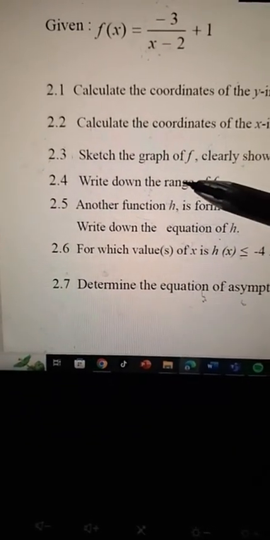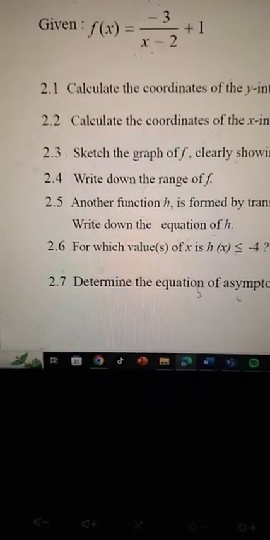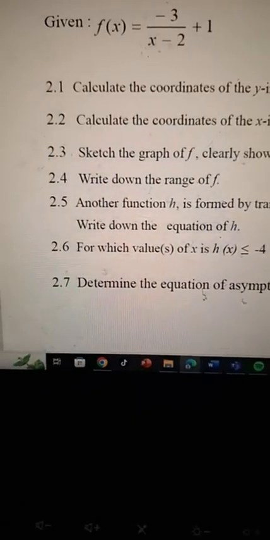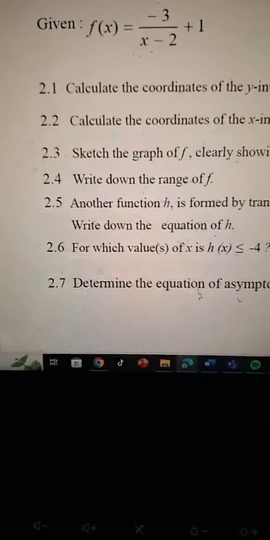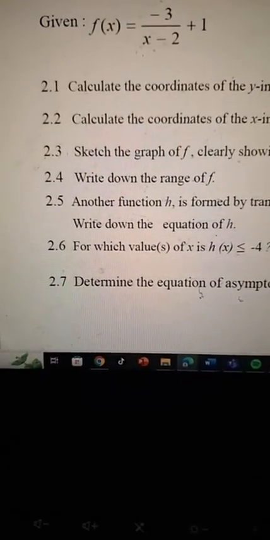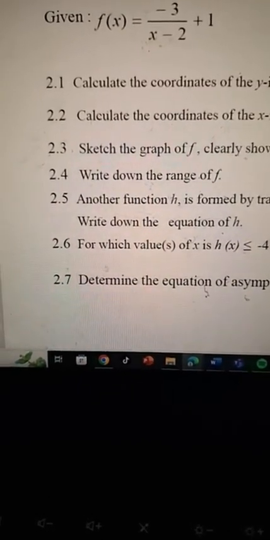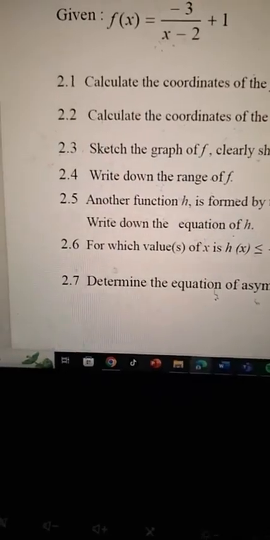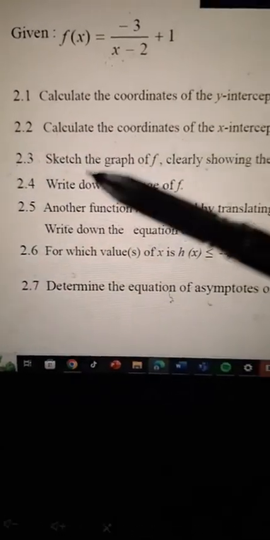The range is from the bottom to the top. That's the y value. So we're looking at the function from the bottom to the top, and we are checking where does the function exist from the bottom to the top? Does it exist everywhere? Does it possibly have restrictions somewhere? Where does it exist? So that is the range.